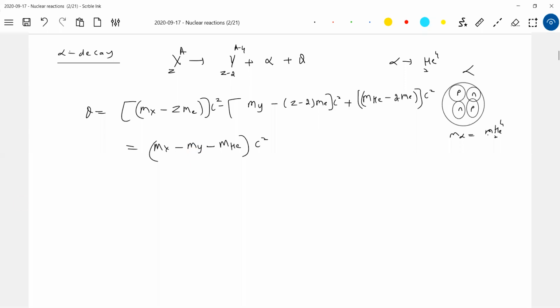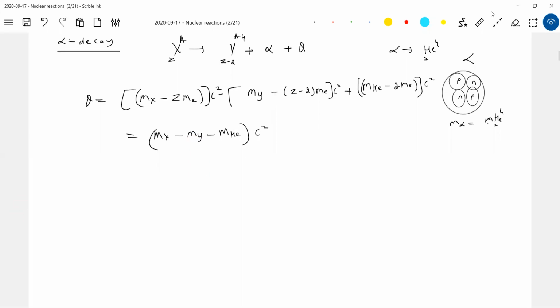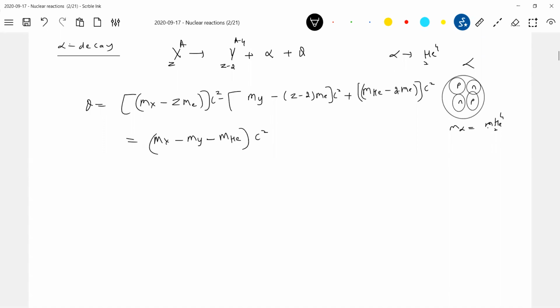Now, what about the alpha particles? Let's get into some physics here. From where will the alpha particle come? From inside the nucleus. Say there is a parent nucleus X, initially at rest.